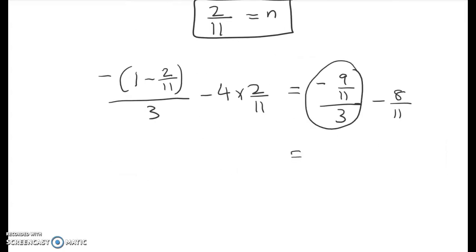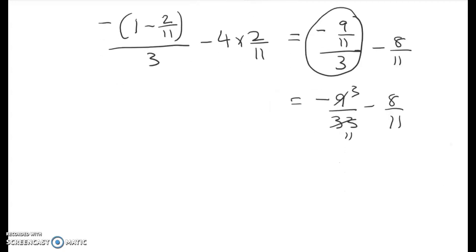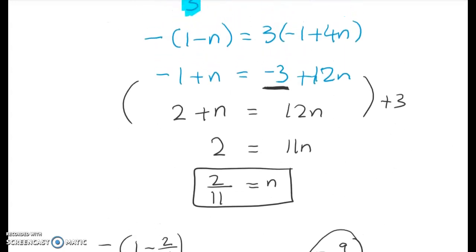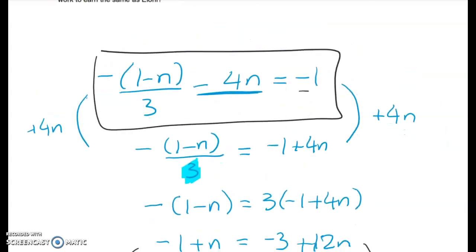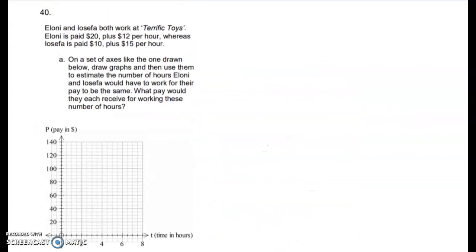So this is the same as negative 9 divided by 33 minus 8/11. Simplifying this, looking at that common factor of 3, gives me negative 3/11 minus 8/11, which is negative 11/11, which is negative 1. And when we look right back to that original equation, that's what we wanted to end up with. Okay, so the two sides are equal. We've found our solution.